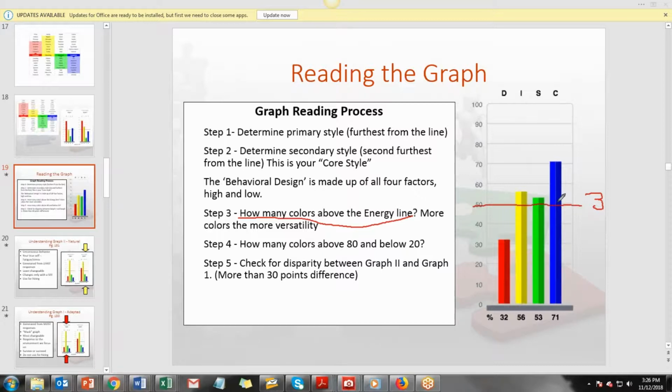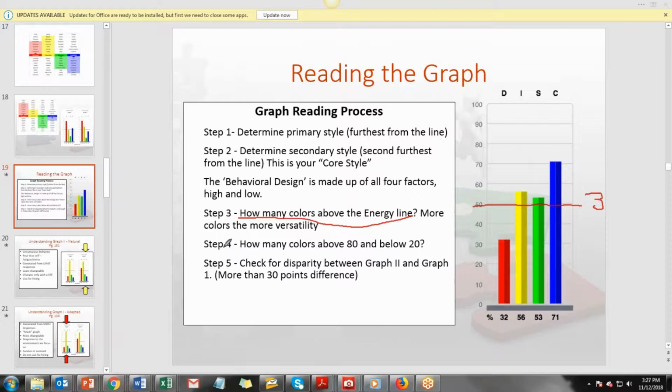If you have 3 colors, which is the second smallest part of the population, you're going to have more ability to be adaptable and flexible. If you only have 1 color, which is a pure behavioral style, like Colonel Nathan Jessup in A Few Good Men, who has 1 color, red, that makes him less adaptable and more stereotypical in his behavior style.